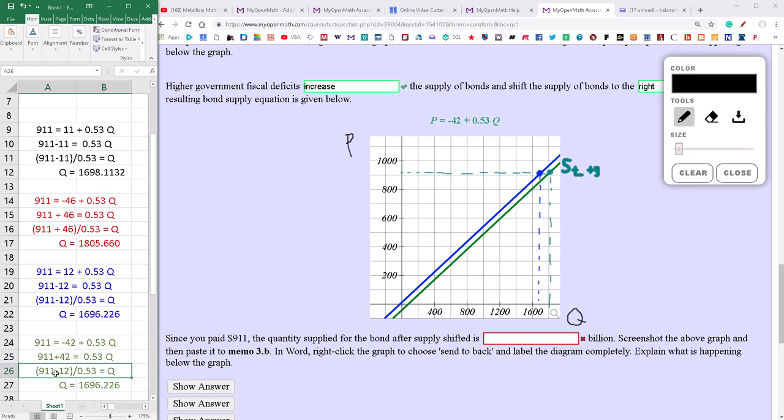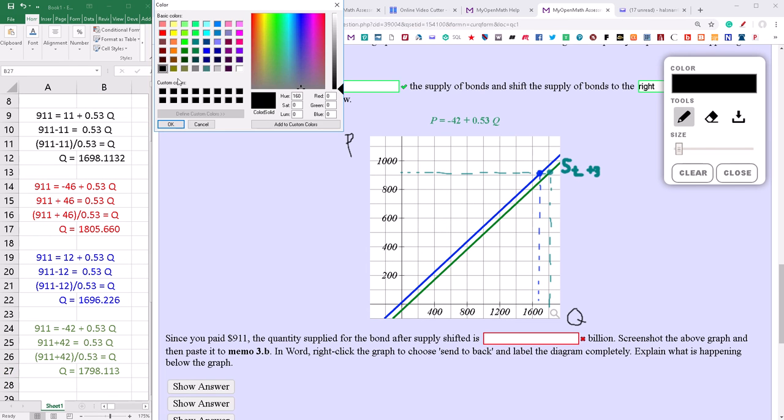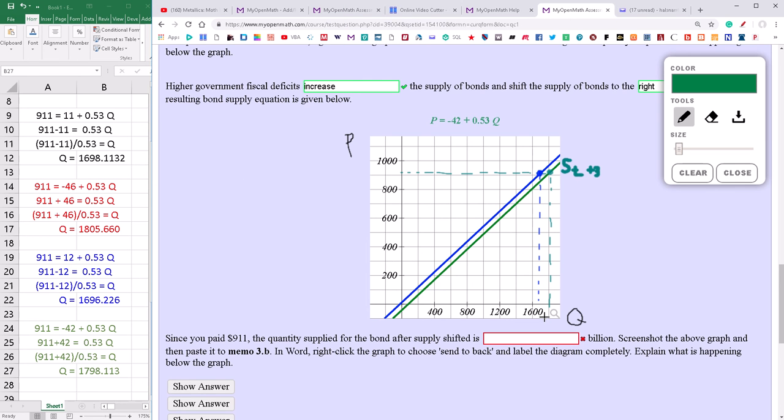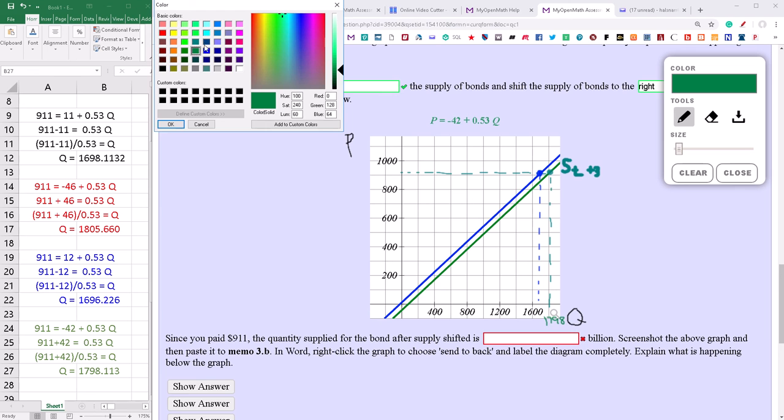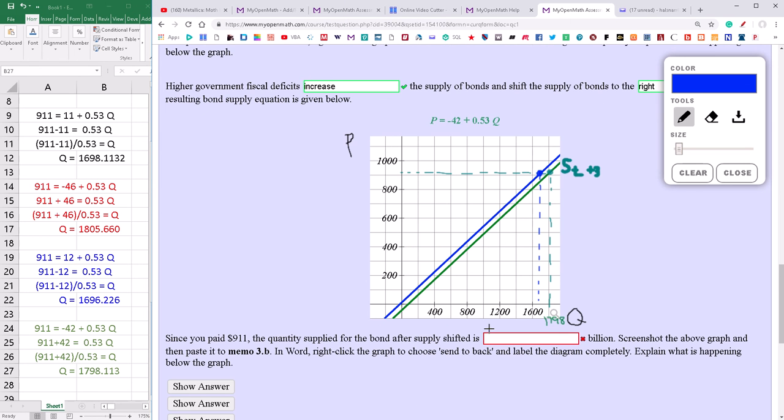Everywhere we see that minus 12, we're going to put in plus 42. We had a quantity of 1798, so this down here becomes 1798. And the other one was 1696.